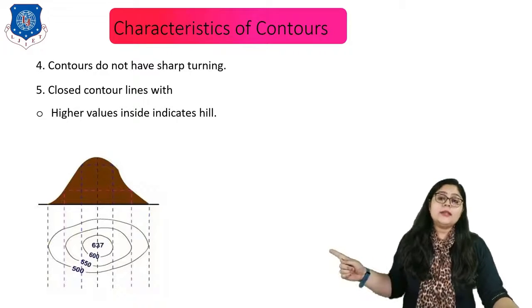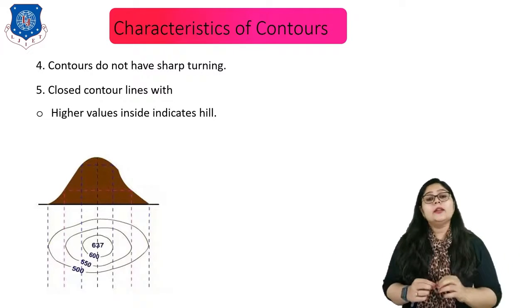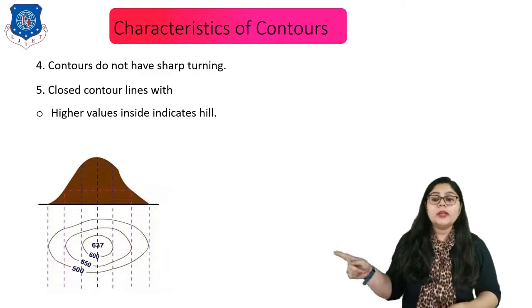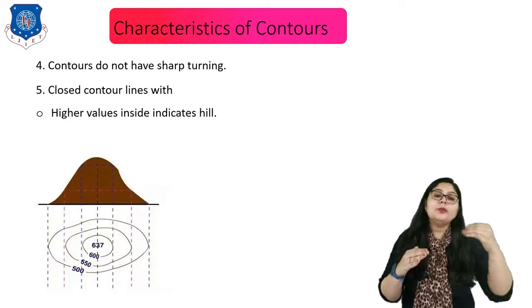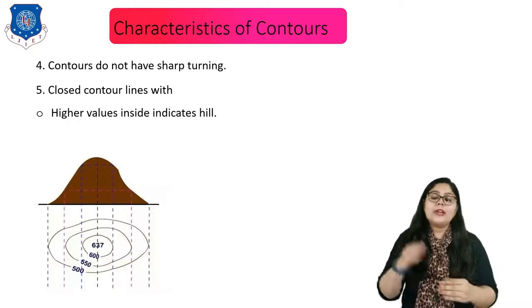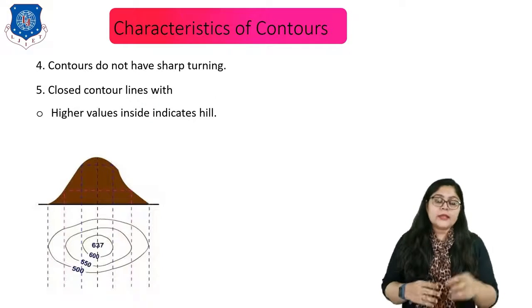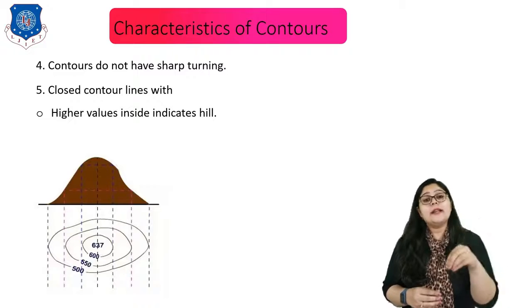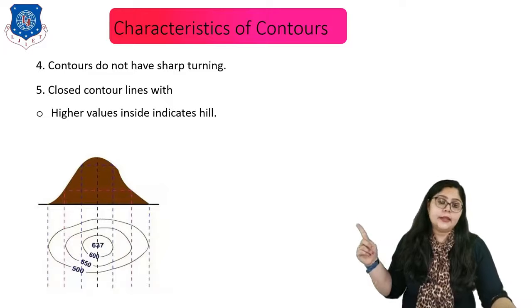Here on screen in this figure you can see a hilly area, and as I said, the apex point of the hill has the maximum elevation. Here it is 637. Whenever you come to the foot of the hill, the value decreases, so the outer lines' values are lower than the center one. Whenever you read a contour map having a higher value at the center point, it purely indicates a hilly area.